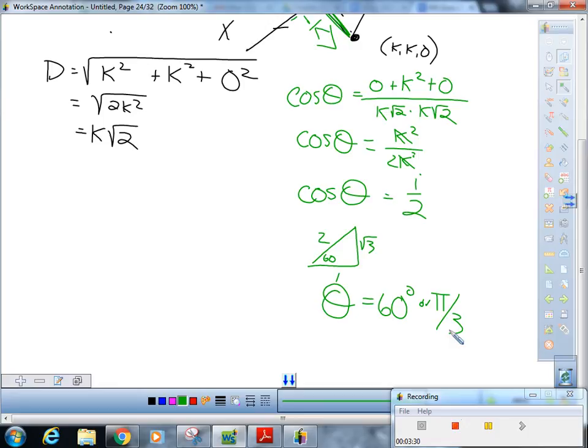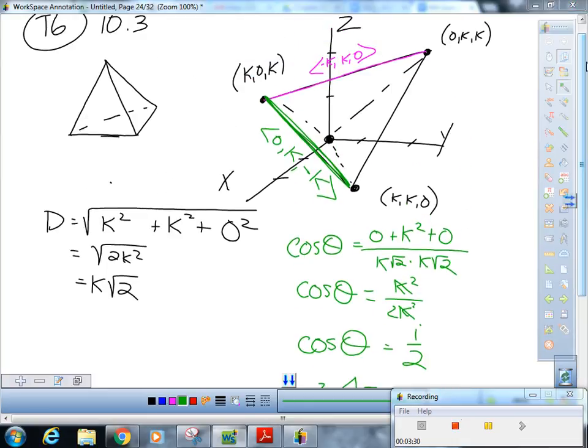Okay, so we want to find the angle. Obviously, the chemistry doesn't matter for this problem, but the problem doesn't matter if you don't consider why we're learning it. So the chemistry does matter, but it doesn't specifically matter for this math problem. Where is the point k over 2, k over 2, k over 2? It's somewhere just hanging out right there. I'm just trying to get an idea.